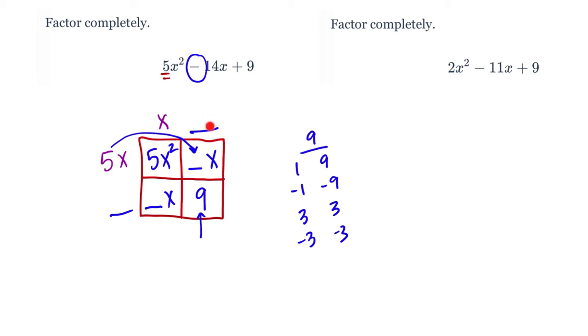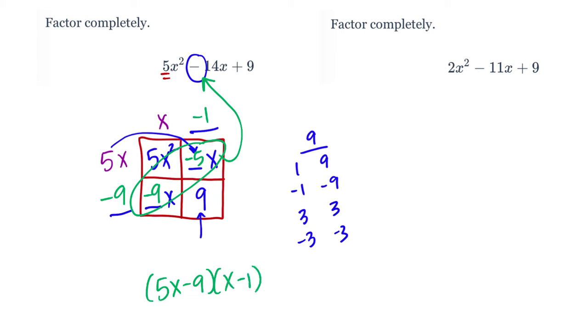And then if we put the 1 up here, that would give me a 5. And the 9 and 5 do combine to give me a 14. But if we want a negative 14, then we need the negatives. So this gives me the negative 14 that I need. So my result would be 5x minus 9 and x minus 1.